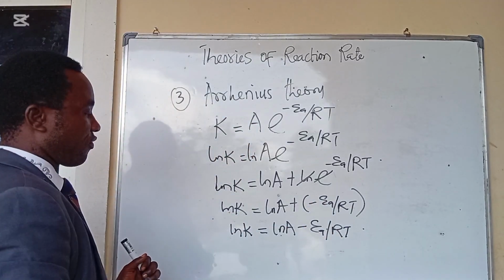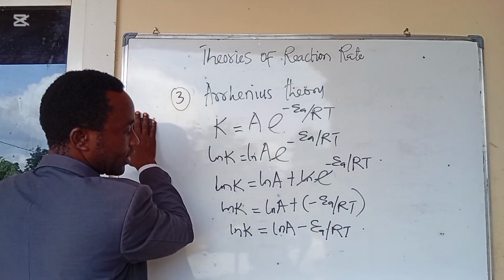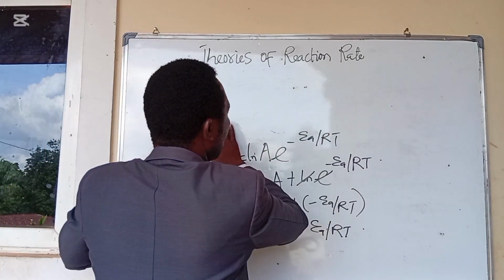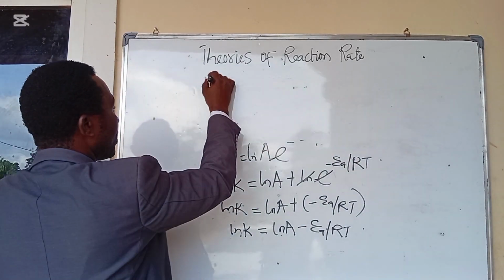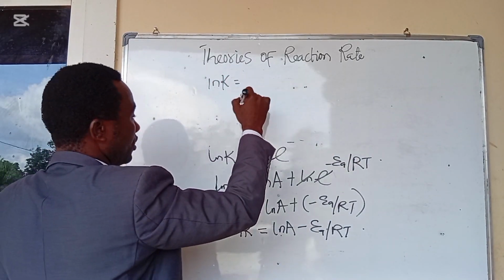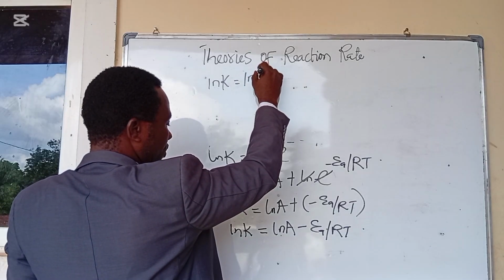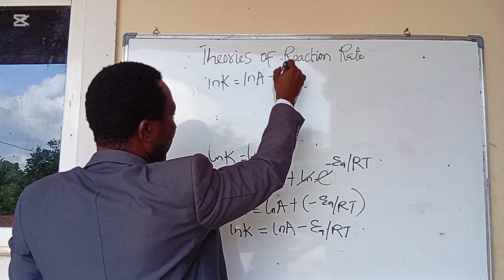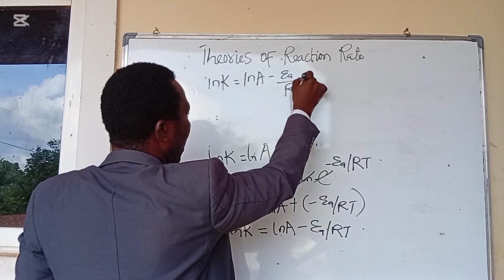Now, if we go further, ln K is ln of A minus EA over RT.